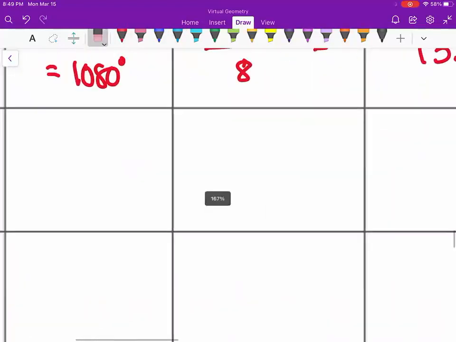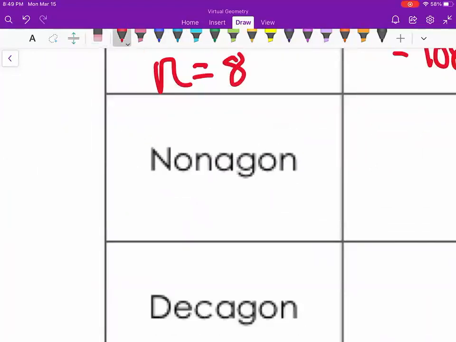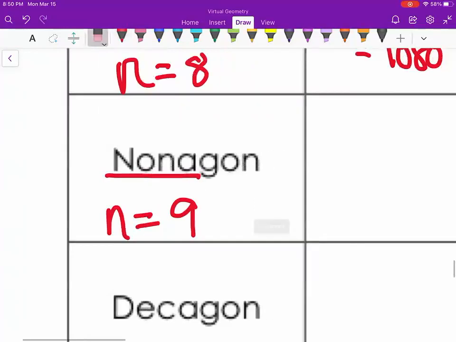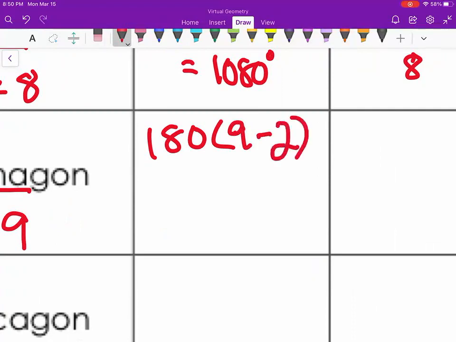All right, moving right along, we're almost done with our commonly used polygons here. The next one is the nonagon, next in line. So that means you have 9 sides in this shape. This one's not used quite as much, but it does get used. So 180 times 9 minus 2, which means we have 1,260 degrees for a nonagon, all the angles added up.